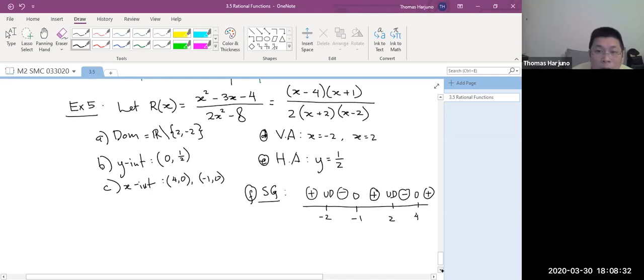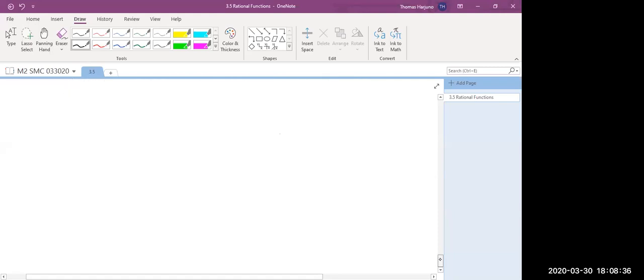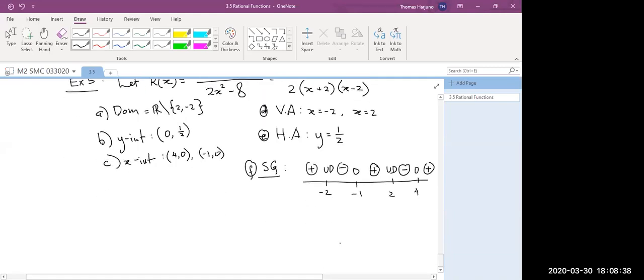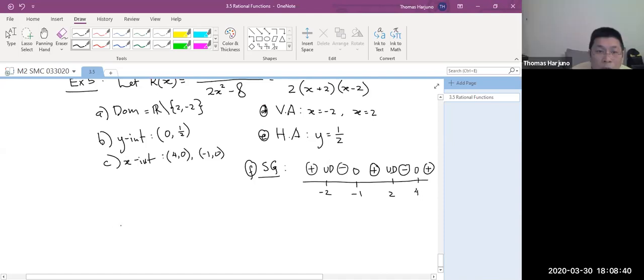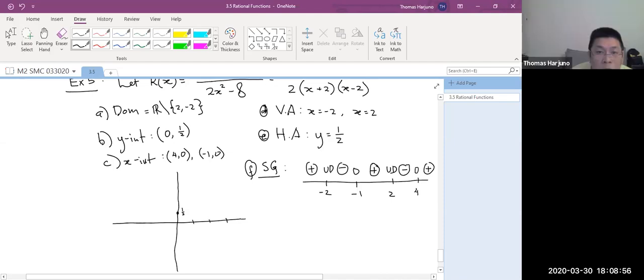Therefore, when I graph this, oops, too much. I need the sign graph. Let me do it here. So let's say this is my graphing paper. 0, 1/2 is here. 4, 0 is here.